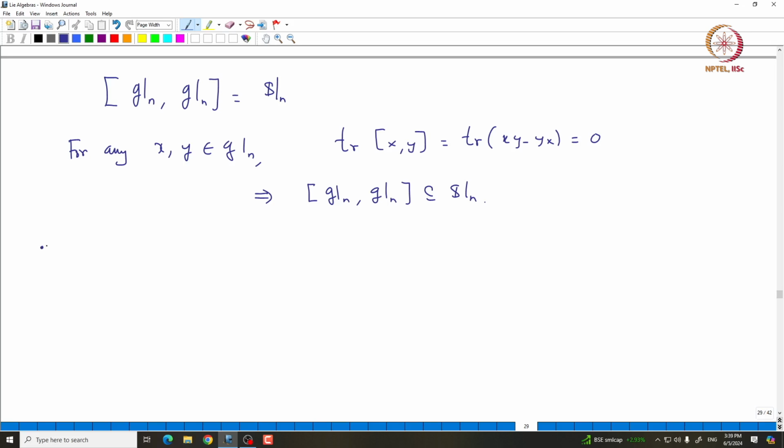Okay. So, for that we will verify that all basis elements of SLN must lie inside the derived algebra. So, let us start with Eij and i not equal to j. So, this is one of the bases.